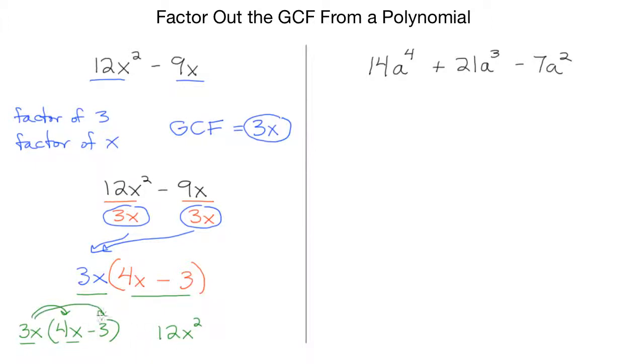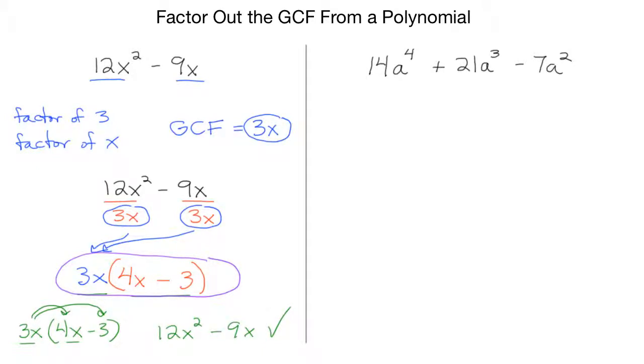But then I distribute it to the minus 3. 3x times negative 3 is negative 9x. And it checks, I get right back to where I started. So you can always multiply to check that you're factoring correctly. All right, there is my first solution. I rewrote the original polynomial in factored form by factoring out the greatest common factor.